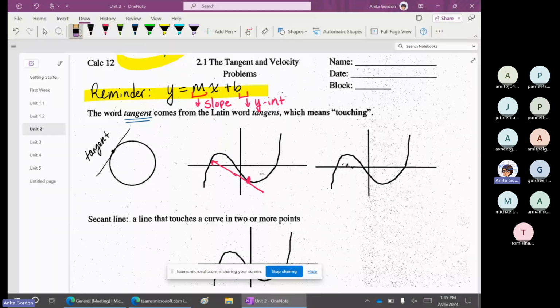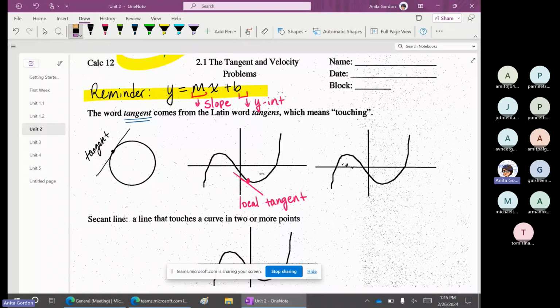And so instead, we call this a local tangent, because we are interested in the tangent line for this specific spot on the graph. And yes, we know that it'll eventually touch the graph at another point in this case, but we're just focusing on this section. So in this area, it is the tangent line.